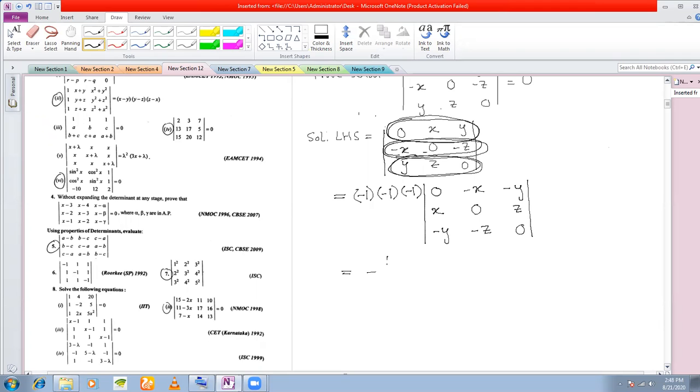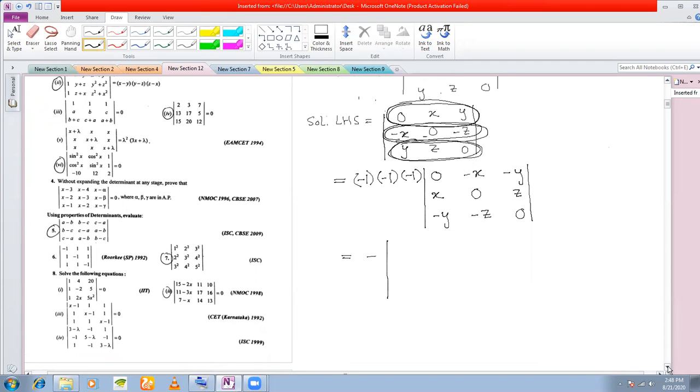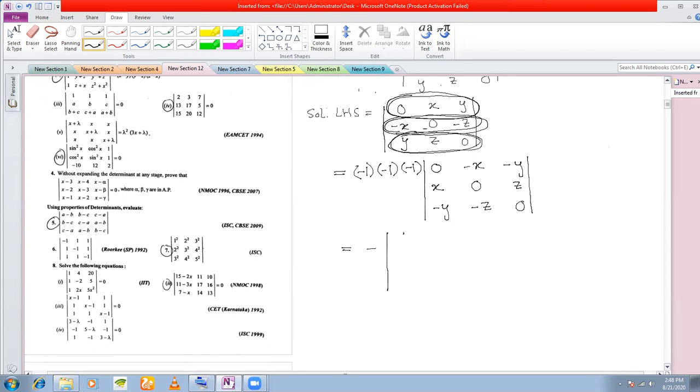Minus of this determinant: 0, minus x, minus y, x, 0, z, minus y, minus z, 0. Right? Do I get this or not?